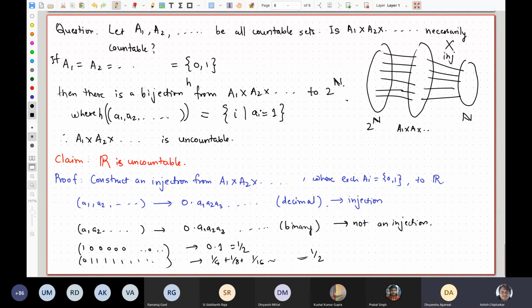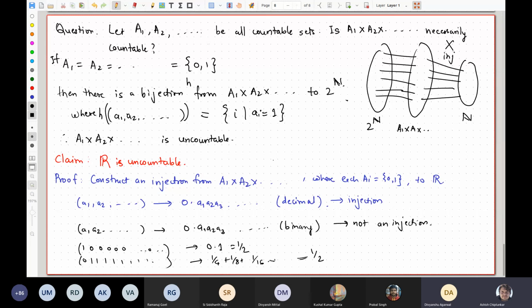So then how is it an injection? So if two numbers differ, then they must differ in some decimal place, no? Right? Can you repeat that statement?